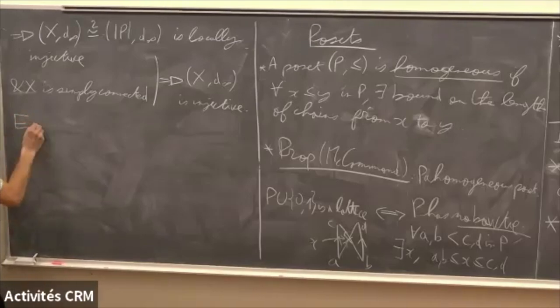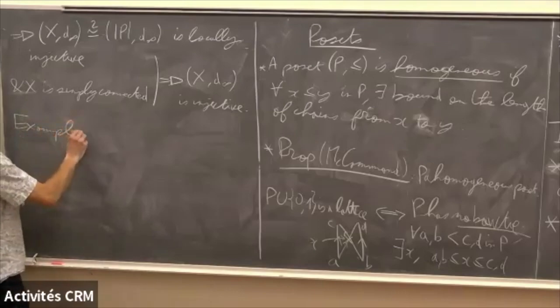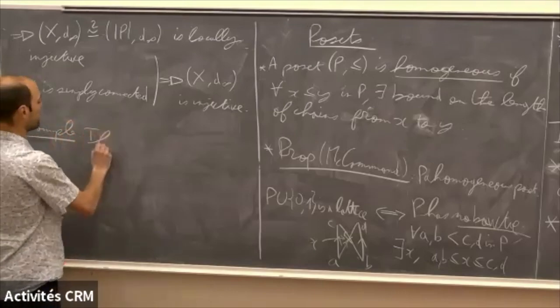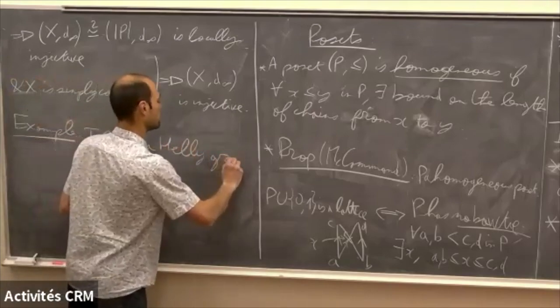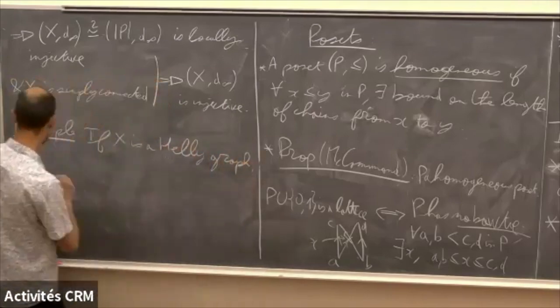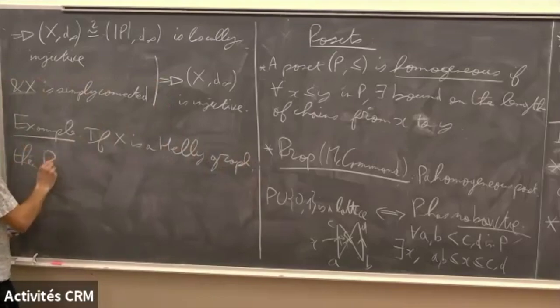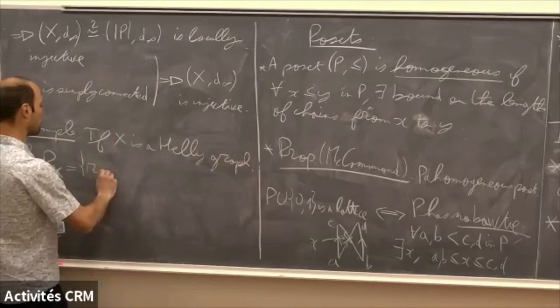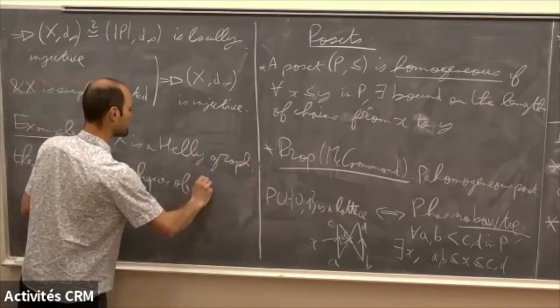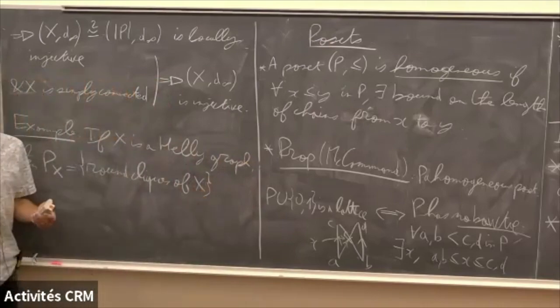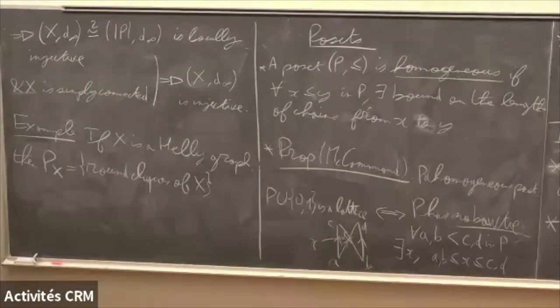Another example is that if X is a Helly graph, then the poset, which I denoted yesterday P_X, of all round cliques of X. So round cliques are cliques which are intersections of balls. This is a natural poset for inclusion.